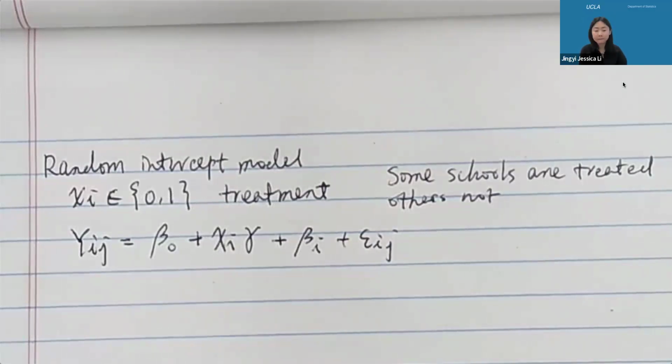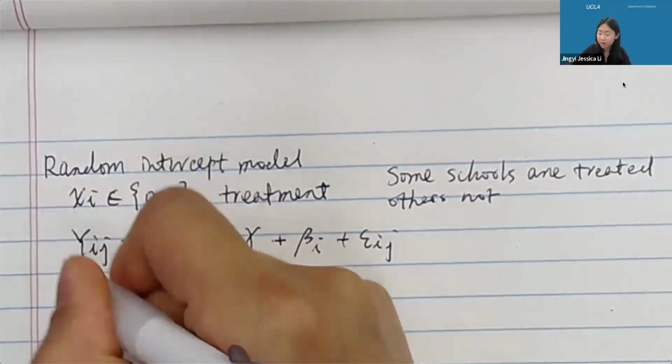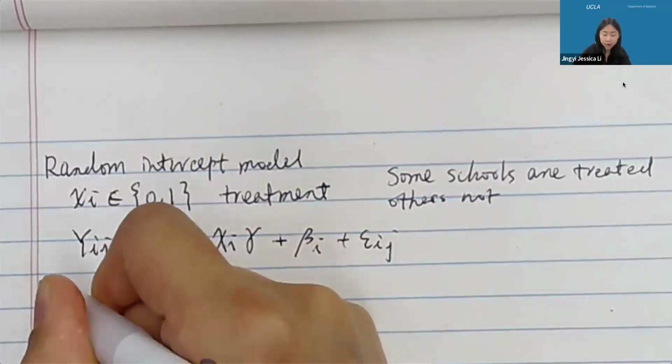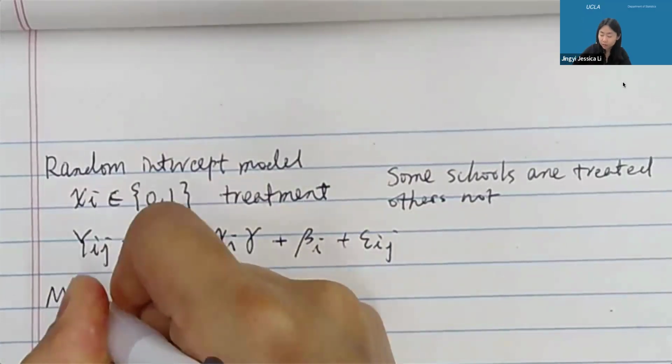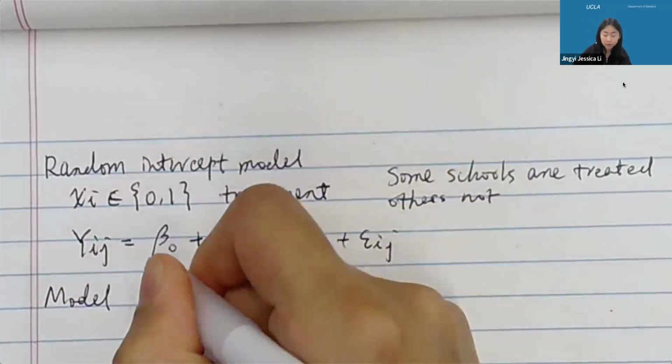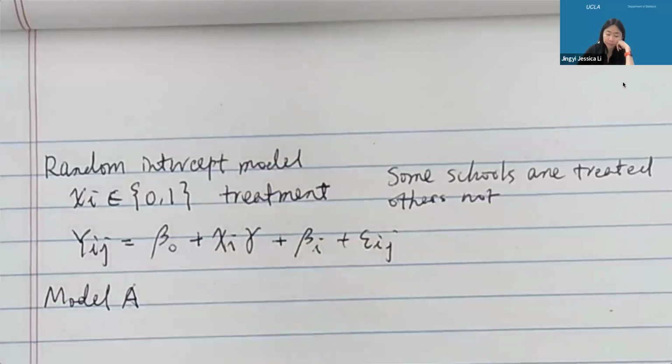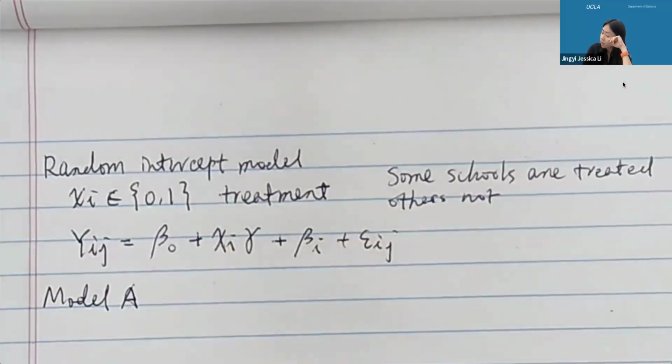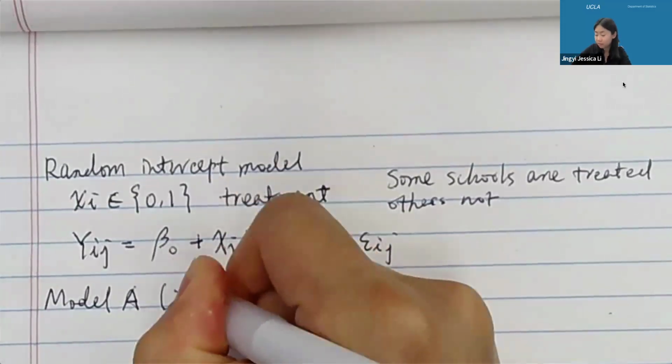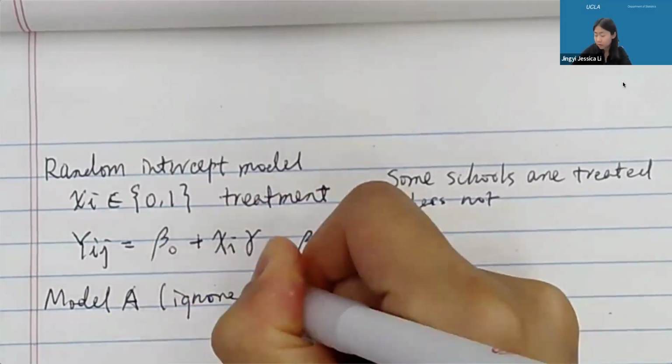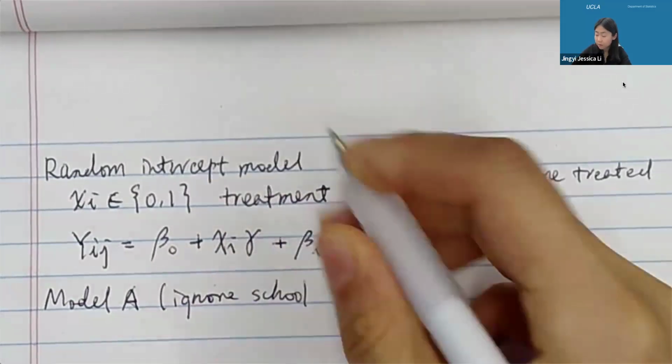Okay, so for this, I can tell you 3 types of models that we may use. So first one, let me just consider this, right? The first model, I'll call it model A. So this model A means that we totally ignore school effects.